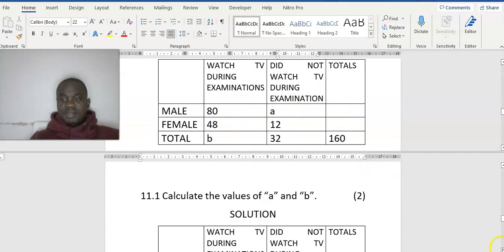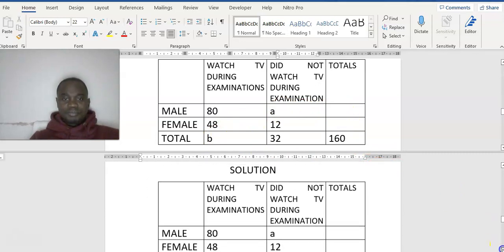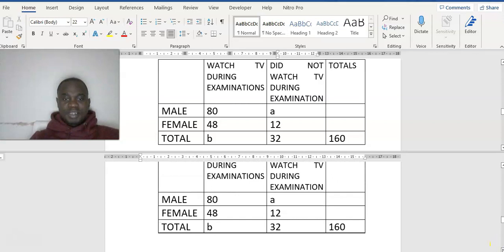So before you can do that, let's fill the table. This is our table, A and B. This is 160. So to find B, I want small letter B, you add all this, 80 plus 48.